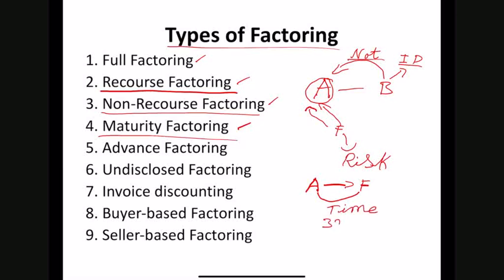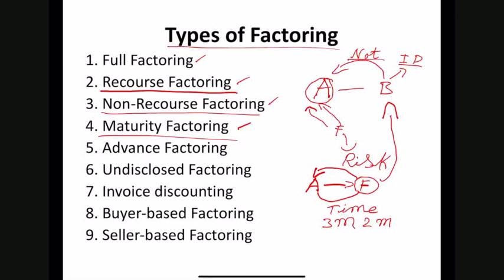We will fix some time, for example, 3 months or 2 months or 1.5 months. Within this period, the factor will collect money from my customer and hand over to me. This is called maturity factoring.